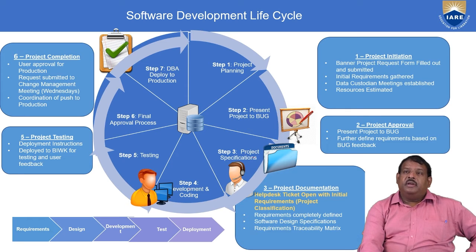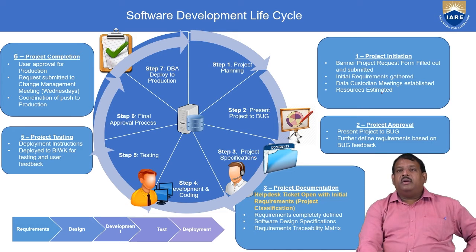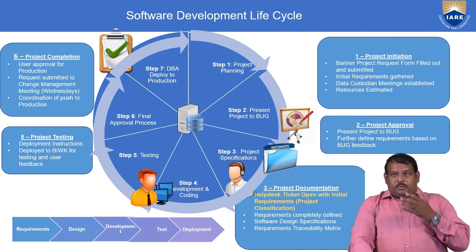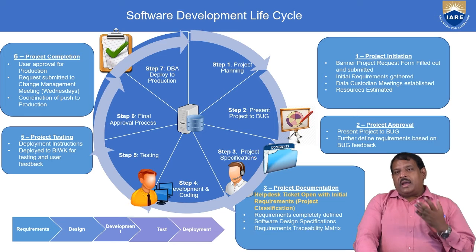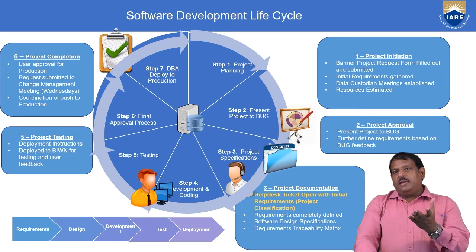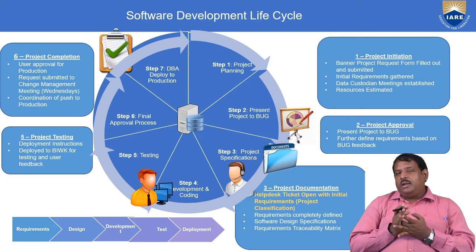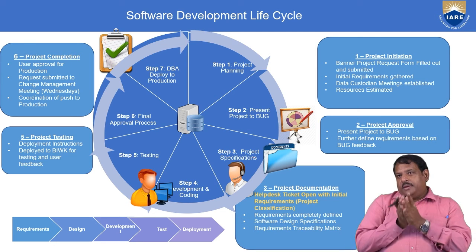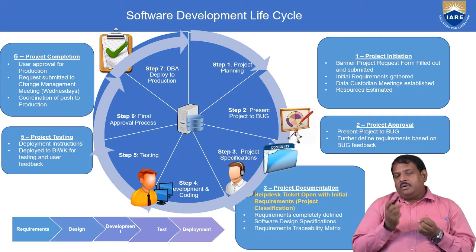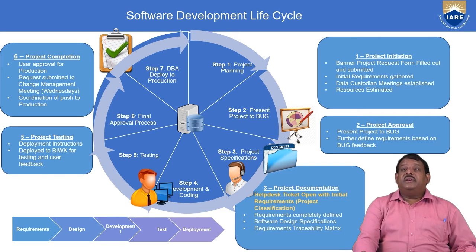Then initial requirements are gathered, a data custodian meeting is established, and resources are identified. After this, he gives you the requirement saying he wants to store this data. Then you identify that in order to store this data, you need this database and this server. They are all done in the project initiation stage.